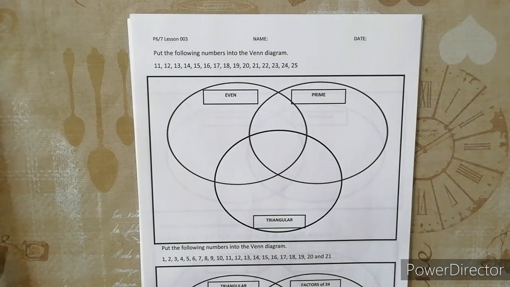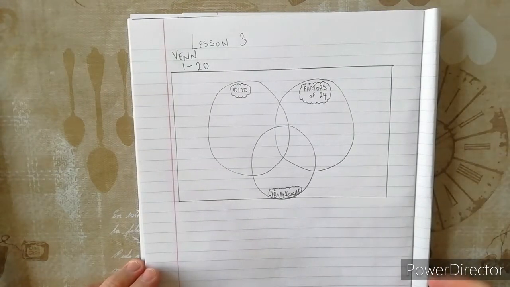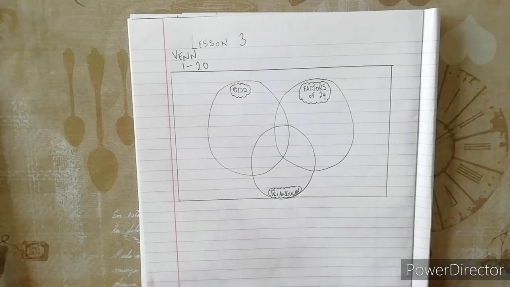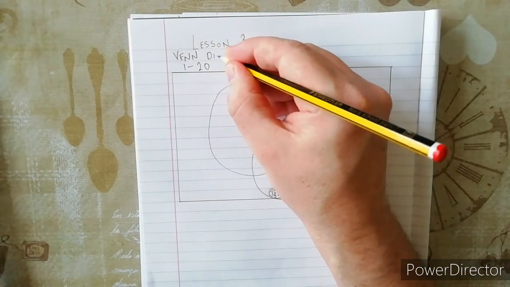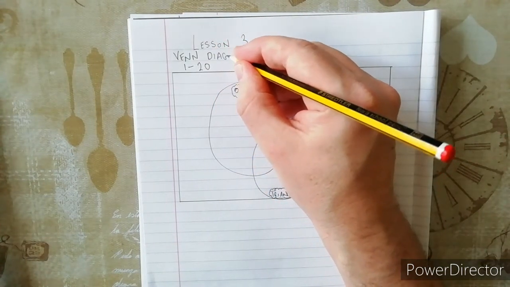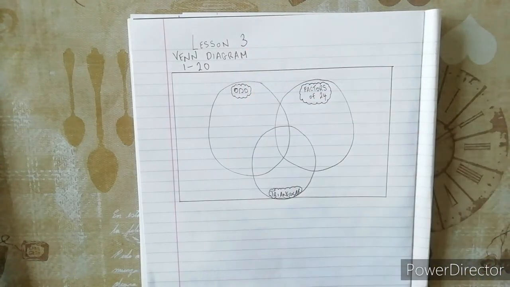Now I've drawn out a Venn diagram for us to do together. I'm going to show you how to do Venn diagrams, and then you're going to go and do the Venn diagrams in the lesson yourself. So in my Venn diagram, I should finish off my title. There are 3 circles.